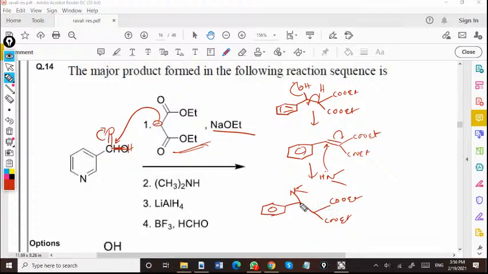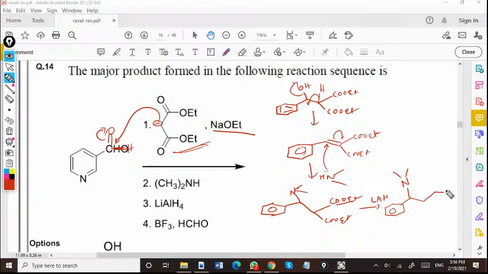After this, when it is reduced with lithium aluminum hydride, you might be facing difficulty with my handwriting, so I'm trying to make it a little bit better. Lithium aluminum hydride will convert the ester into the alcohol.